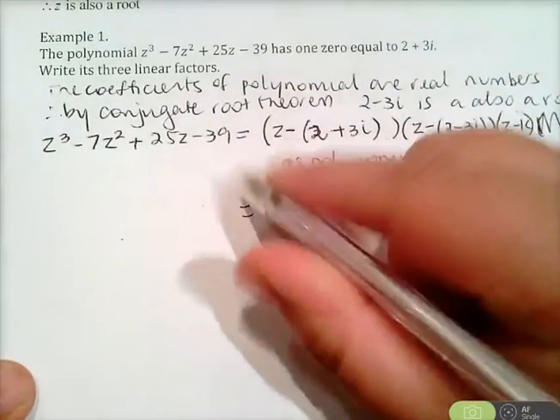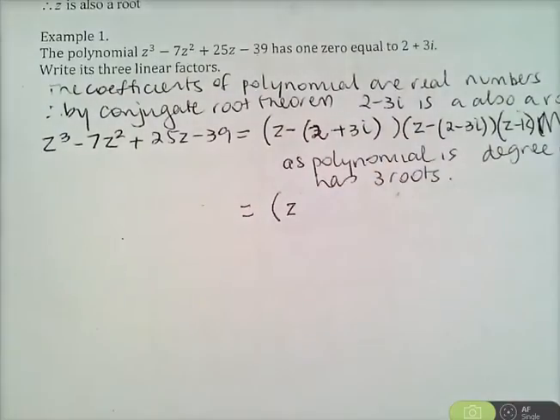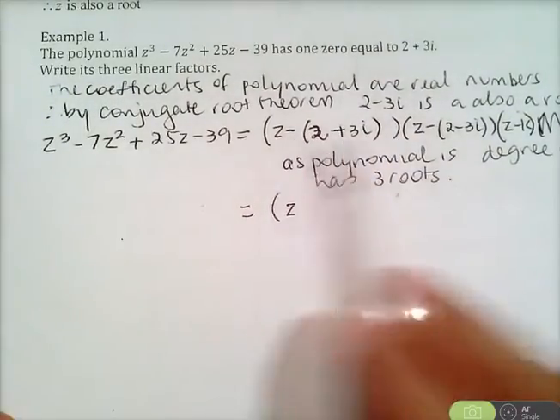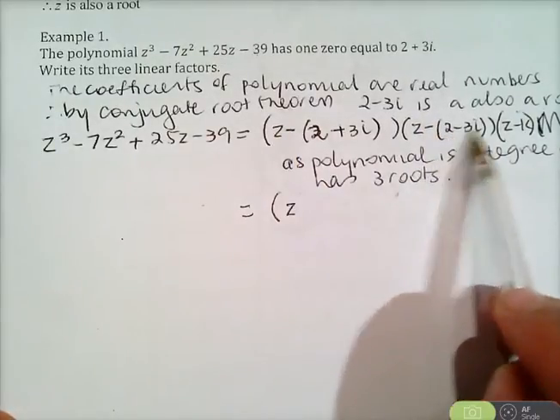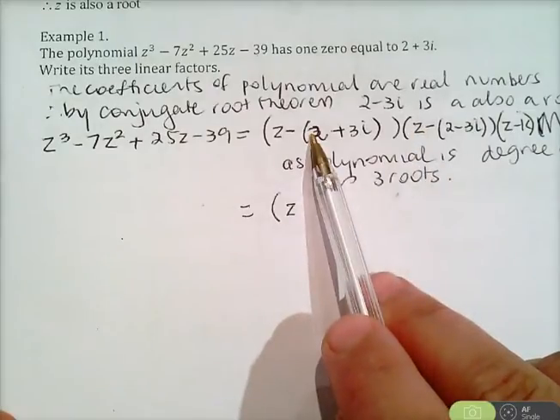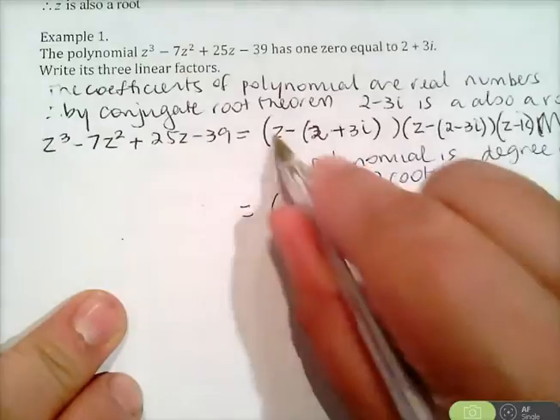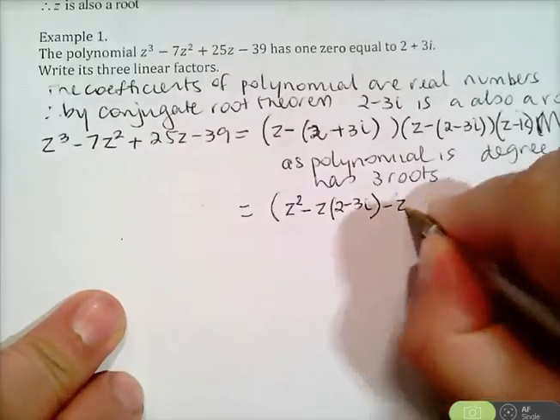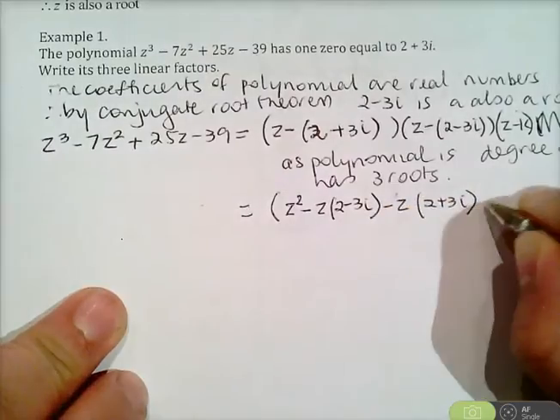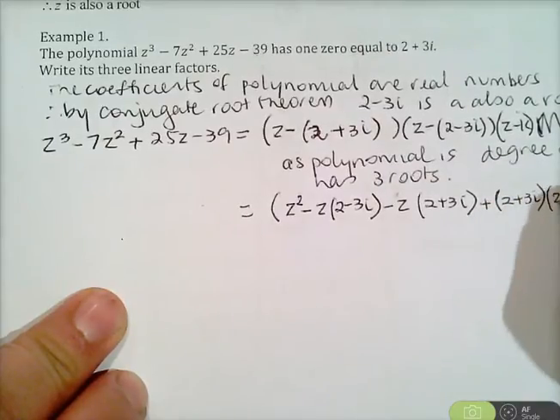Now, just expanding this, if I expand these two brackets, I've got z squared minus z times 2 minus 3i minus z times 2 plus 3i, and then a negative times a negative gives me plus 2 plus 3i times 2 minus 3i.